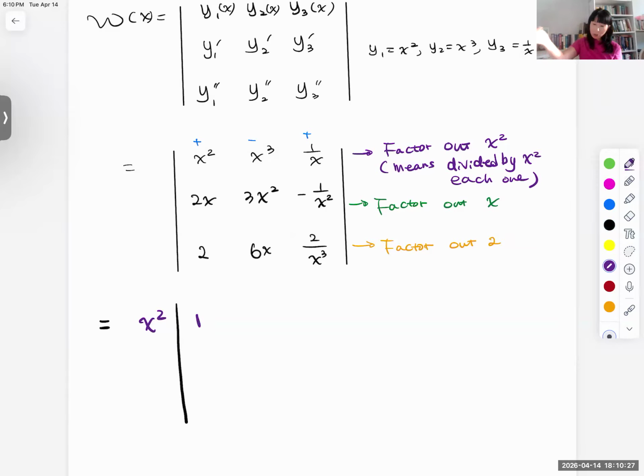And then dividing by x squared, there will be 1 over x to the third power, right? So if we multiply back, then we get 1 over x. Make sense?